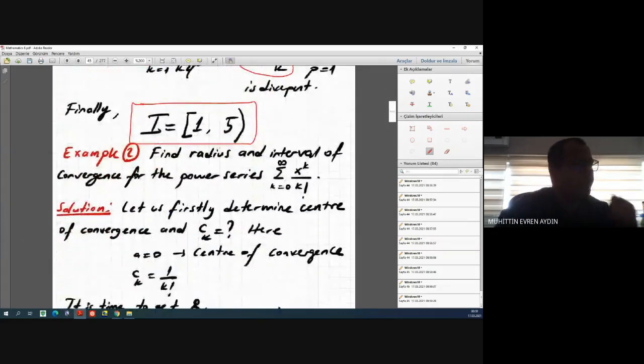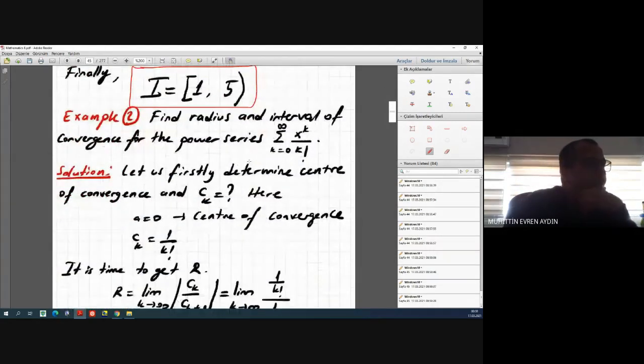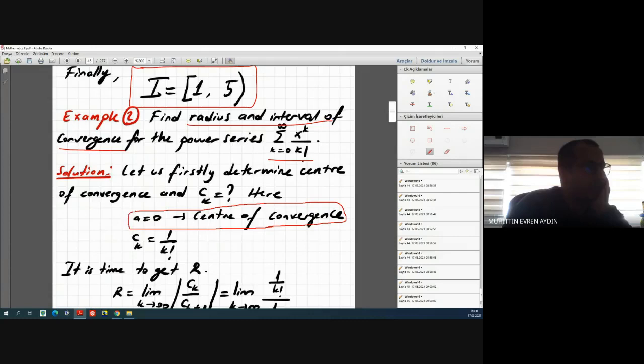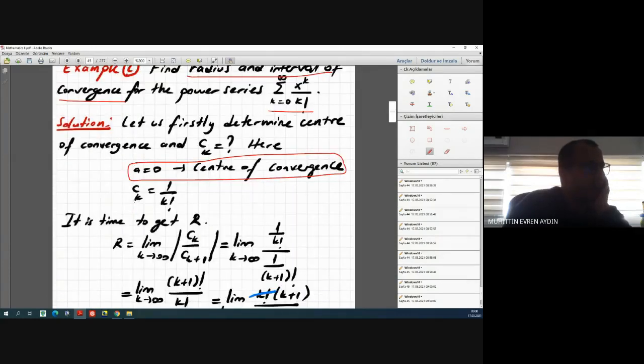Another example. Find the radius and interval of convergence for the given power series. As can be seen, the center of convergence is equal to 0, and the constant part is 1 over k factorial.